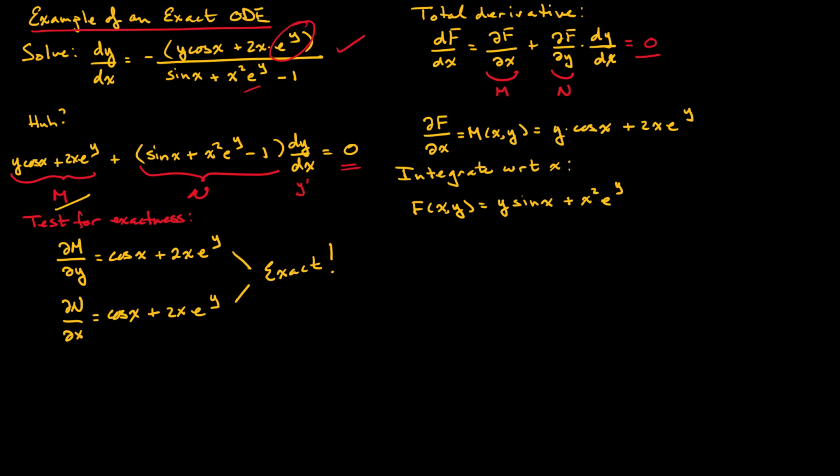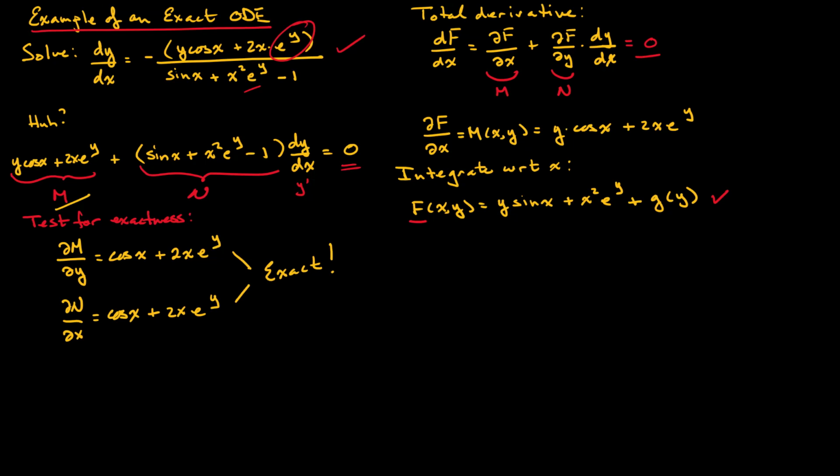But now note that we integrated with respect to x, but there could plausibly be some term that involves the variable y. So here we have an intermediate form for our solution to the ODE, which we are calling f.